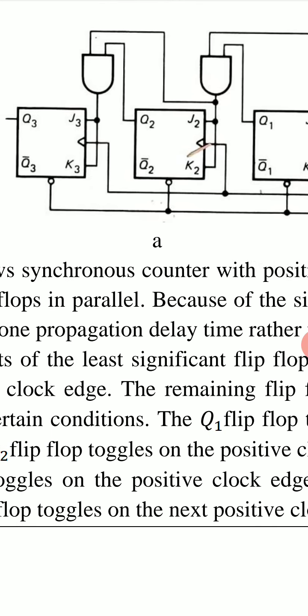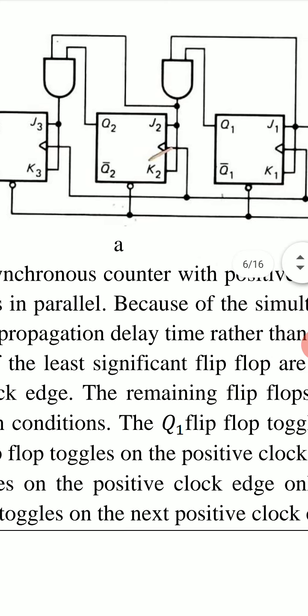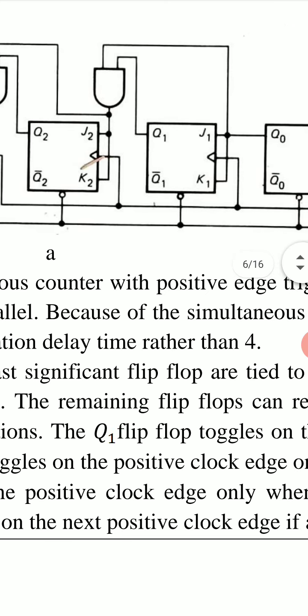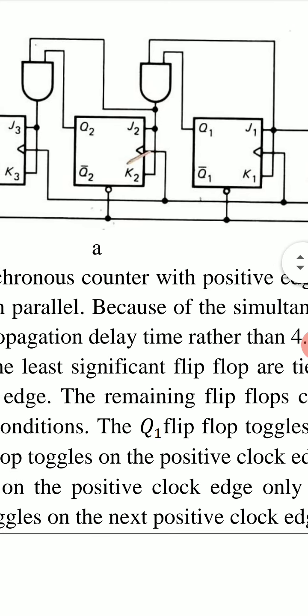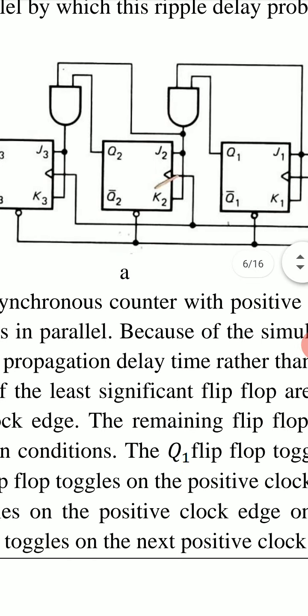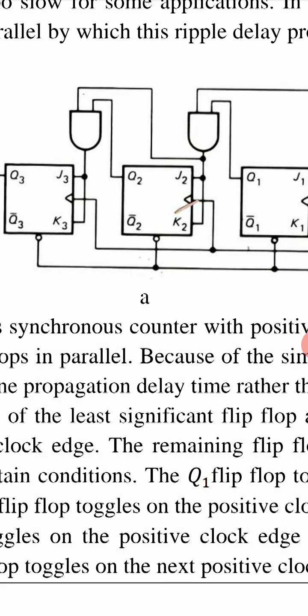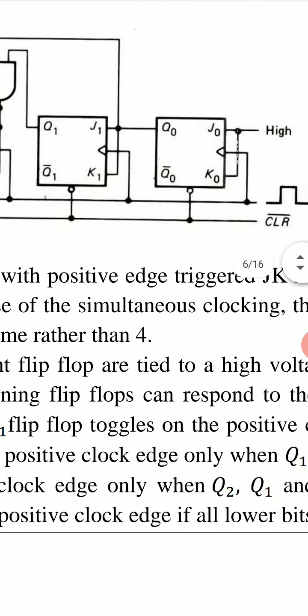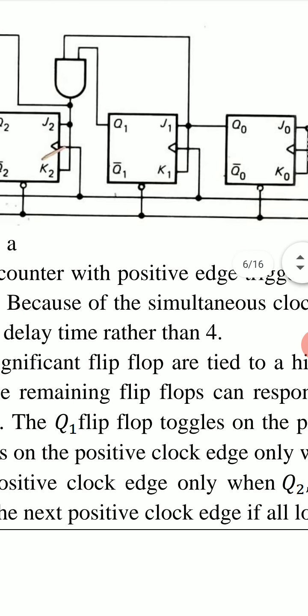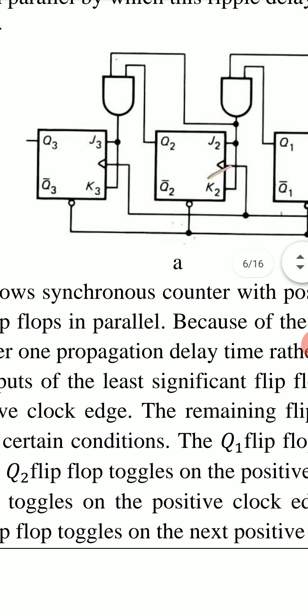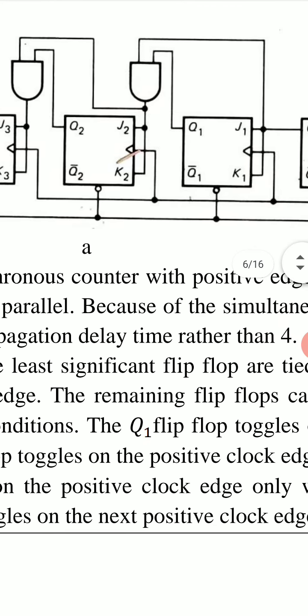Q3 will toggle when J3, K3 are 1, J3, K3 are 1 when Q2 is 1, Q1 is 1 and Q0 is 1. These two AND gates are connected in such a way that each flip-flop will toggle when the outputs of all the previous flip-flops are 1.